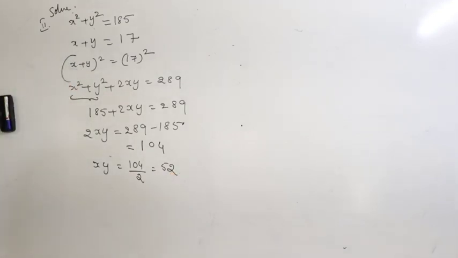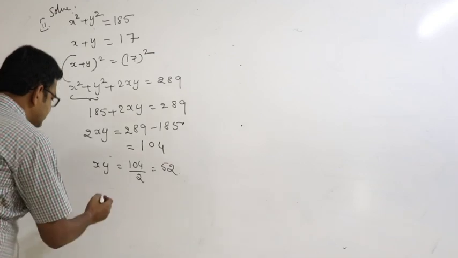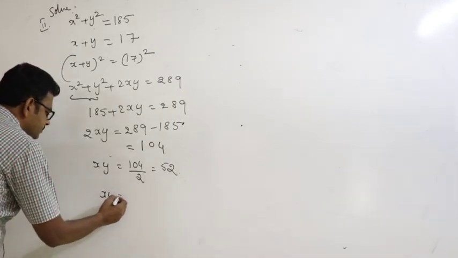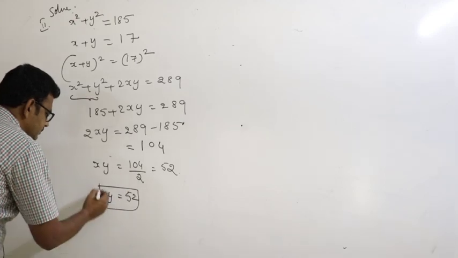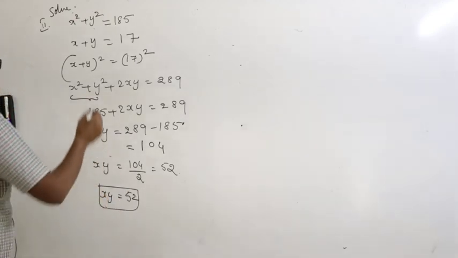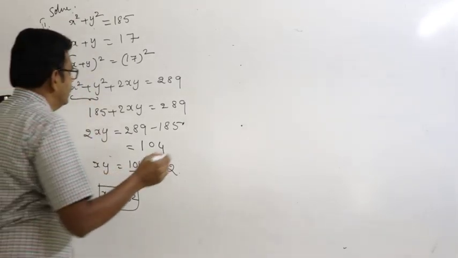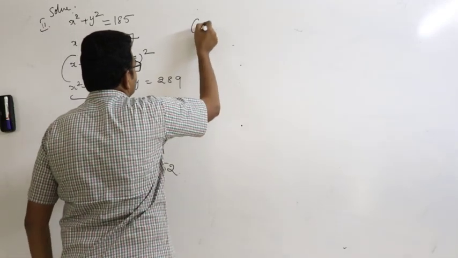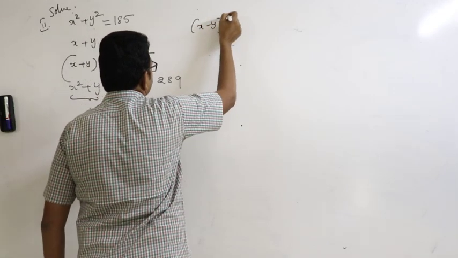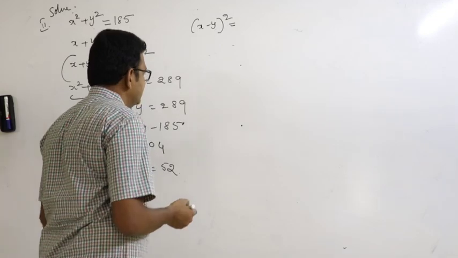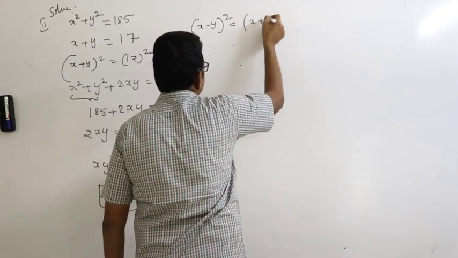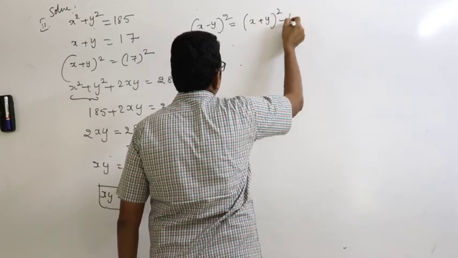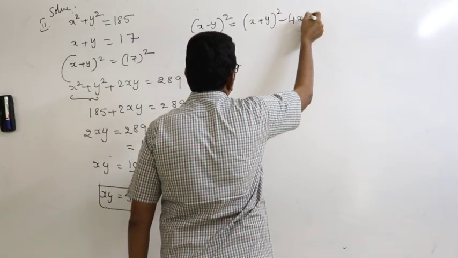So xy is equal to 52 and x plus y is 17. Now I am considering x minus y whole square. x minus y whole square equals x plus y whole square minus 4xy.